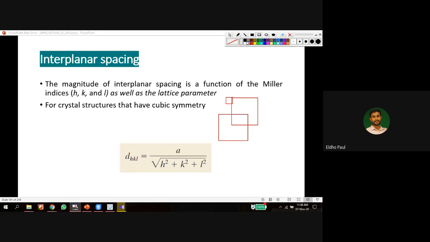A is the size of the cube, or the dimension of the edge of the cube. Okay, this is A, this edge. And HKL are the Miller indices. From that also we can calculate the interplanar spacing or interatomic distance.